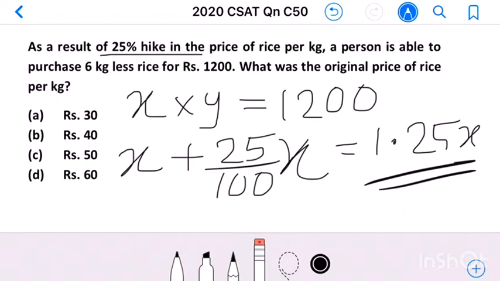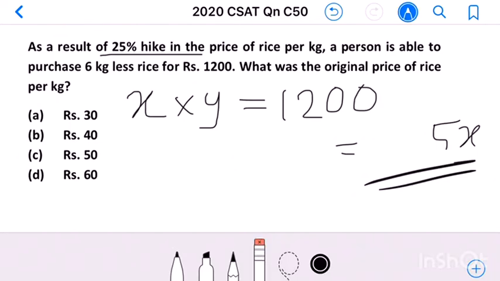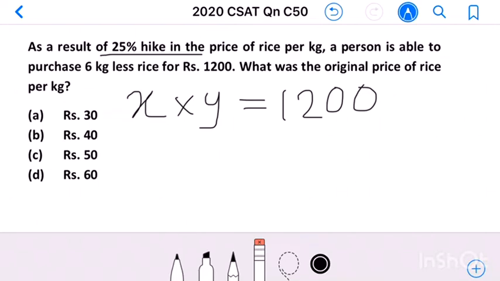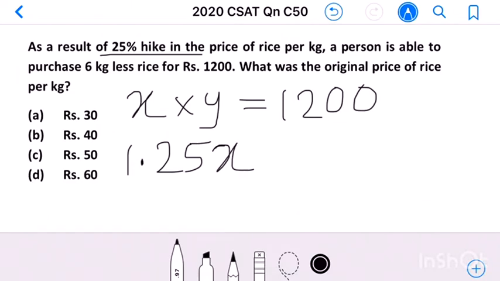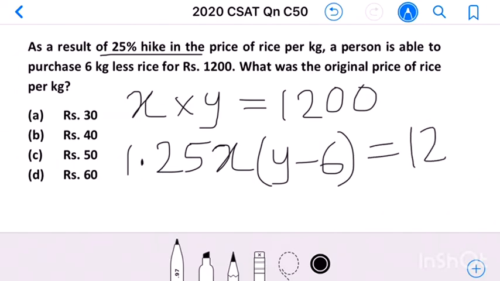1.25X per kilogram. Then he could purchase 6 kilograms less rice. Earlier he could purchase Y kilograms, but with the new price he could purchase 6 kilograms less for the same money.